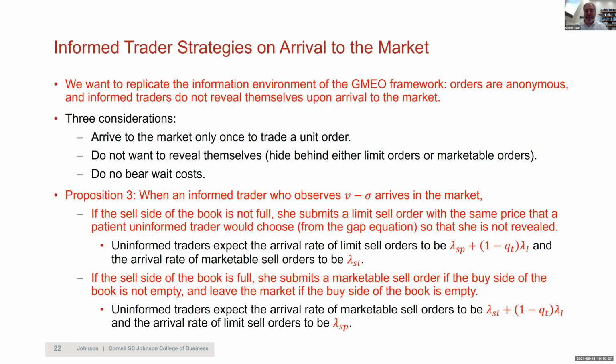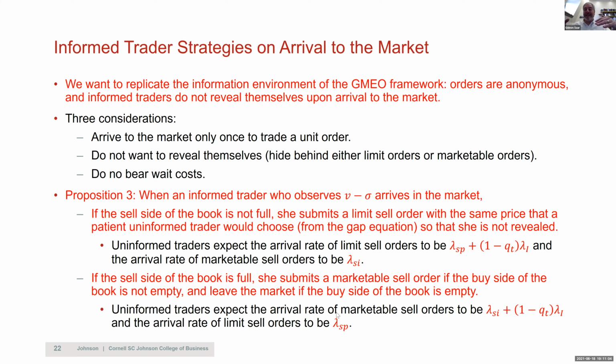And so uninformed traders can reason through that strategy of the informed traders. So if the sell side of the book is full, they expect the arrival rate of marketable sell orders to be coming from the impatient uninformed traders, plus informed traders if they see a low signal, 1 minus Q. And at that point, they know that the limit sell orders only arrive from uninformed, so their arrival rate will be lambda SP.